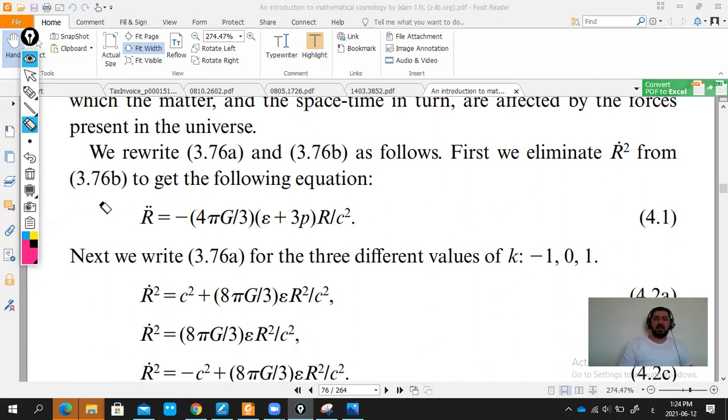Until now, we don't have a unique model or unique description of dark energy. There are many models that succeed in explaining this accelerated expansion of the universe, but we don't have the final answer about the correct description of this dark energy.